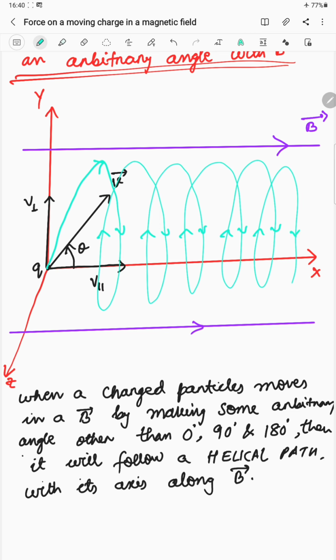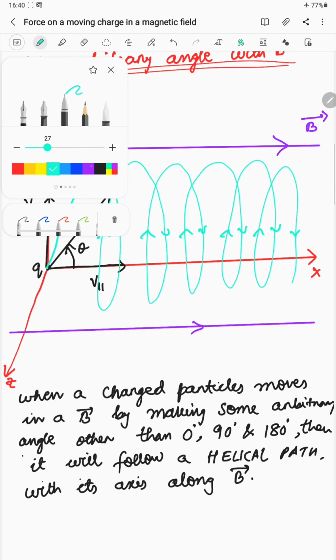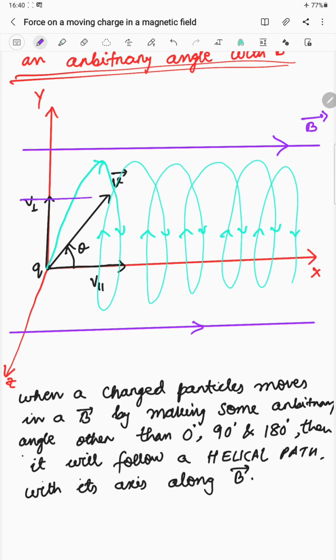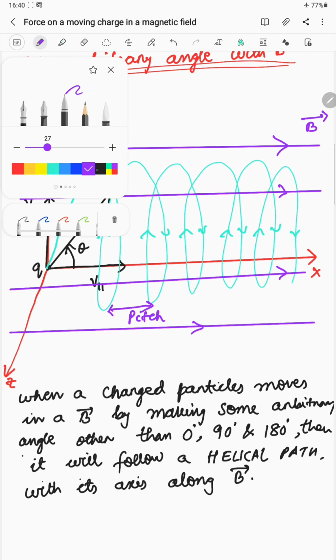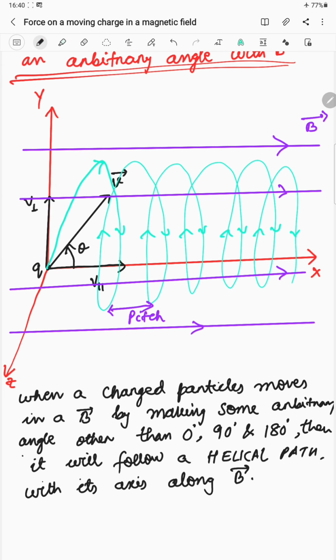Clear? This is the magnetic field. Let me draw a few more magnetic field lines. These are a few more magnetic field lines. Now the distance between two circles of a helix will be called your pitch. We will also calculate this one. What is pitch? We will also calculate. Okay. So now we come to a conclusion that if it makes an angle theta, then it will move in a helical path.